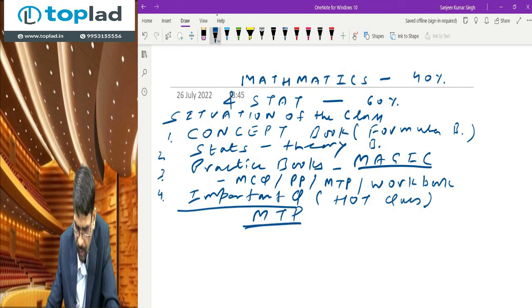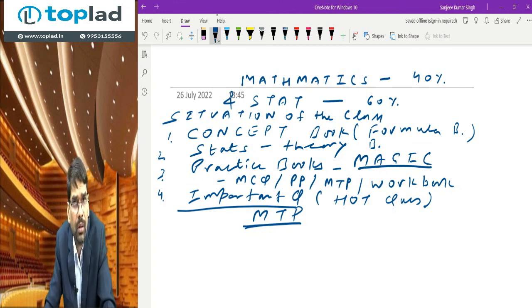Okay. And also, before going to the examination hall, you definitely want to assess your own preparation of the subject. So, for assessing the subject, we will provide important questions.